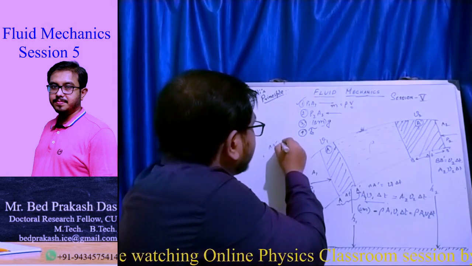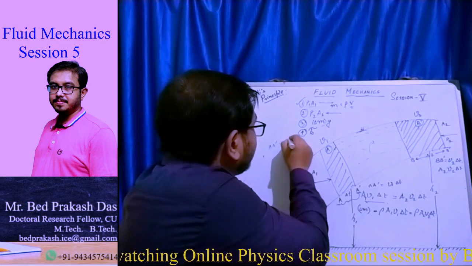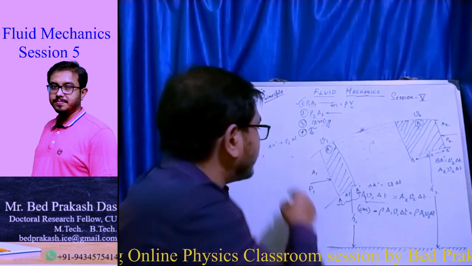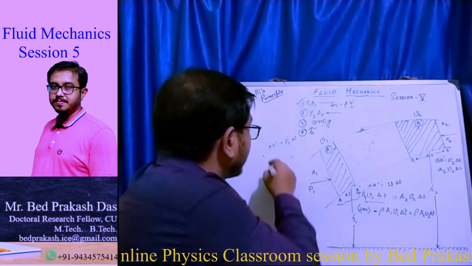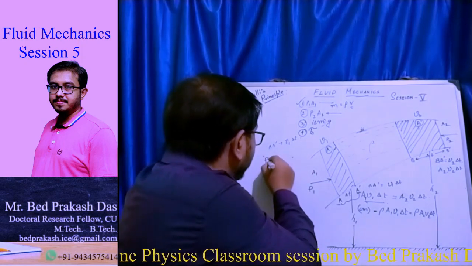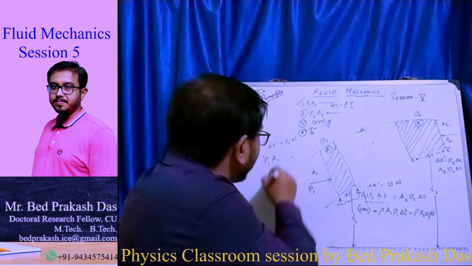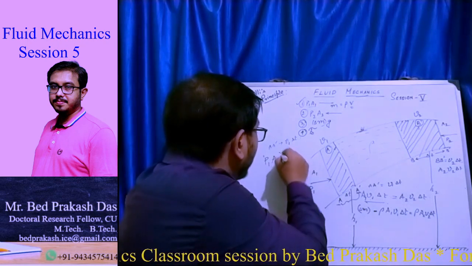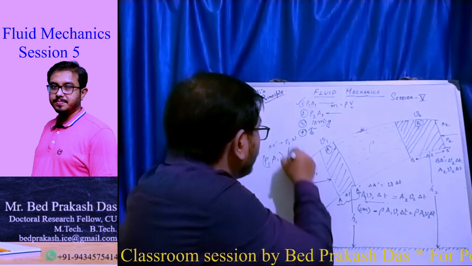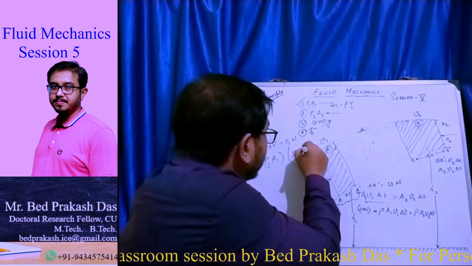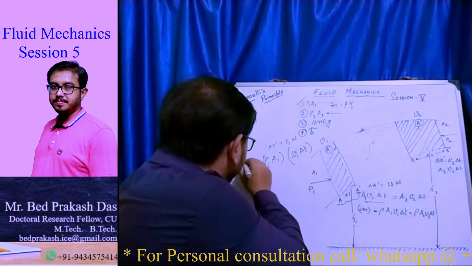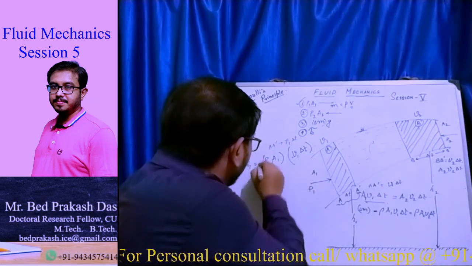So the total path is V1 delta T, and the work done by this pressure force P1 A1 is basically P1 A1 into V1 delta T. From here we can write this as W1.